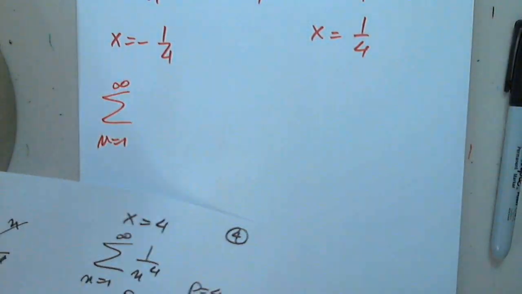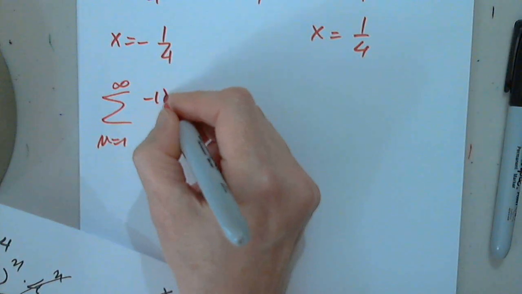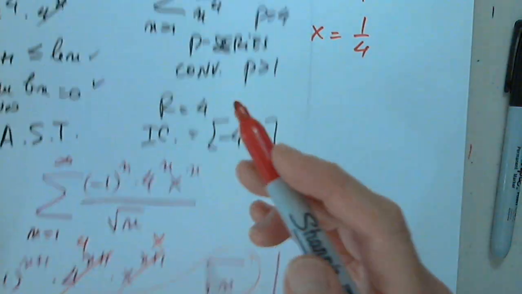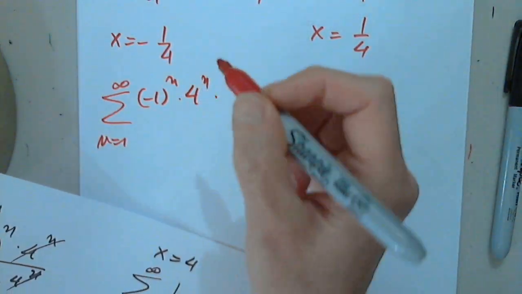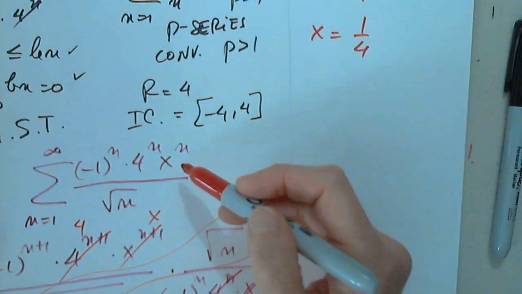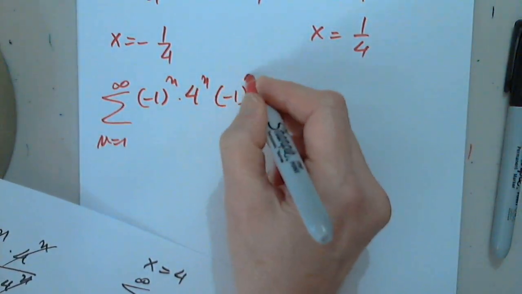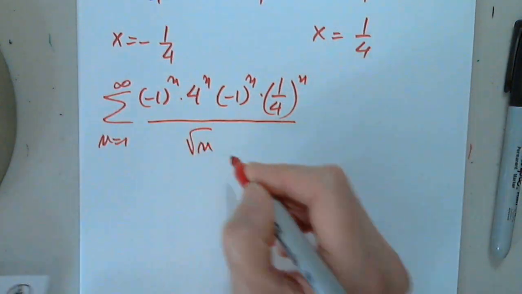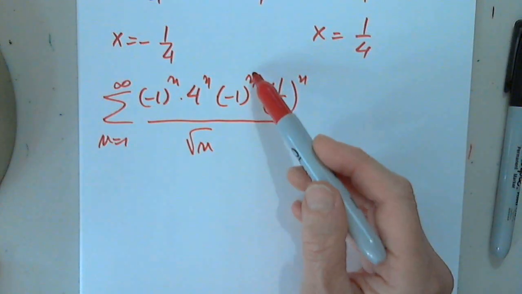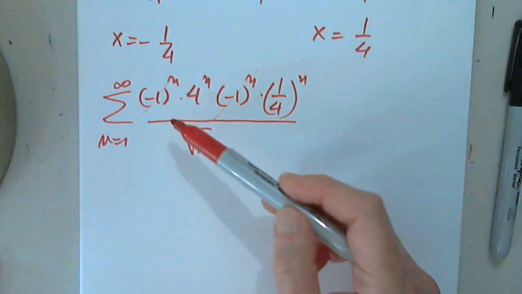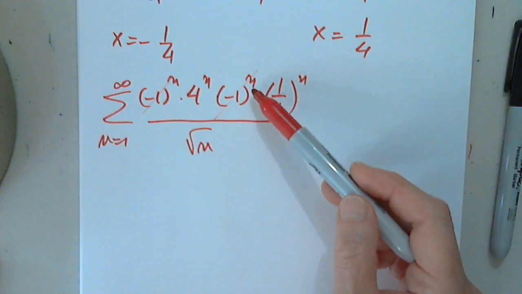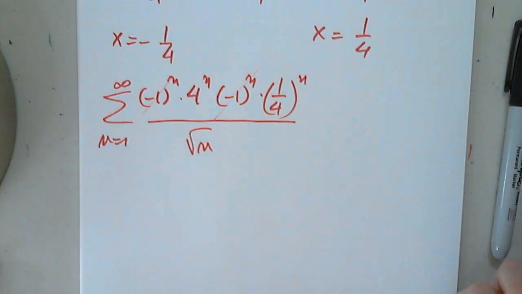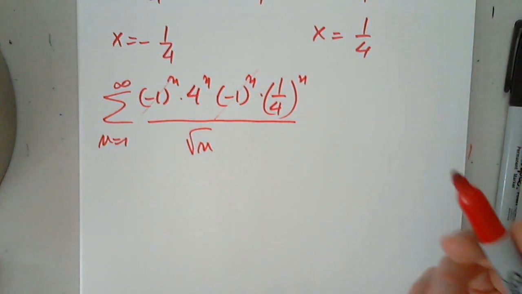n equals 1 to infinity, -1 to the nth power, 4 to the nth. But now -1/4 to the nth will be -1 to the nth times 1/4 to the nth, and everything divided by the square root of n. So of course, these two go away because -1 raised to power 2n is going to be positive 1.